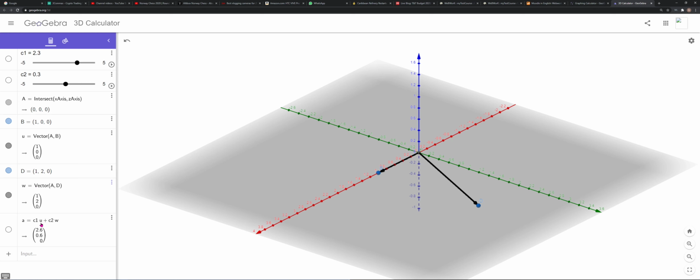I'm taking linear combinations of u and w, so the scalars are c1 and c2, and c1 can change and c2 can change. What I want to show is that by changing c1 and c2, for vectors u and w, where w is 1, 2, 0, not the same as the 0, 1, 0 from before, I will generate my xy plane.